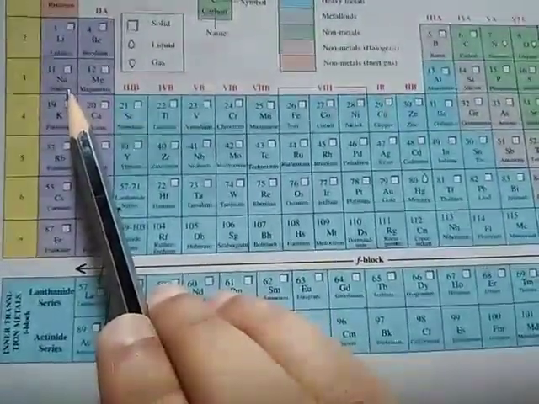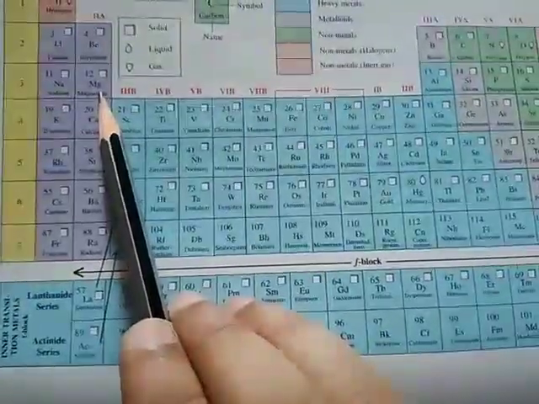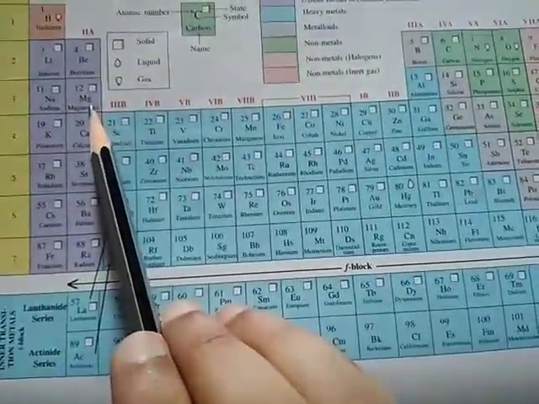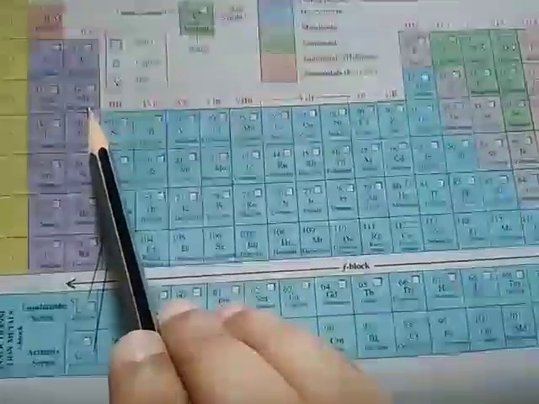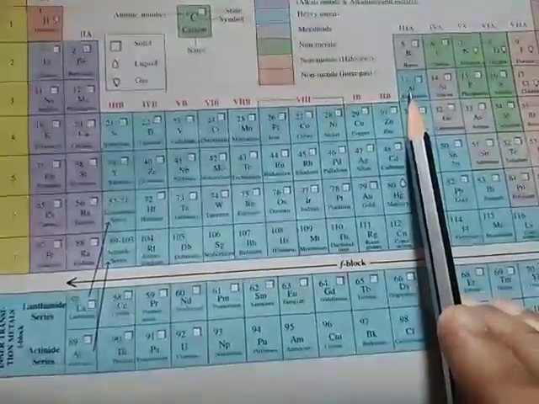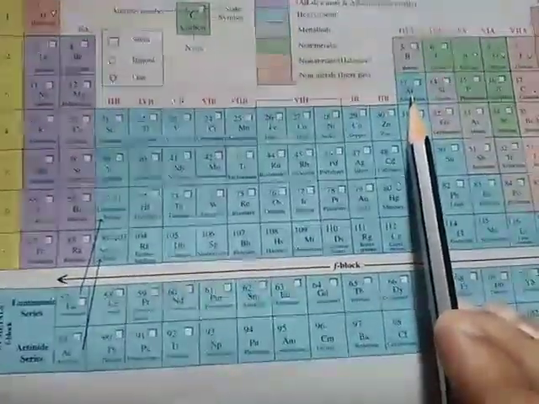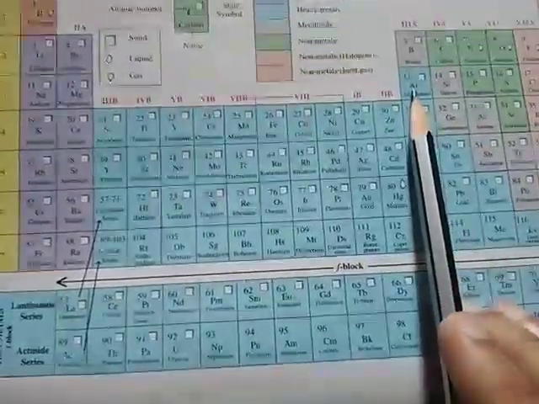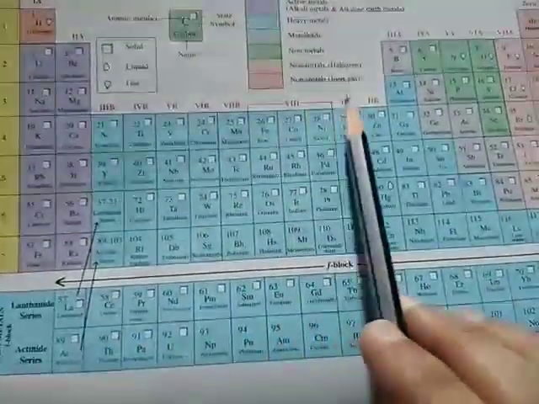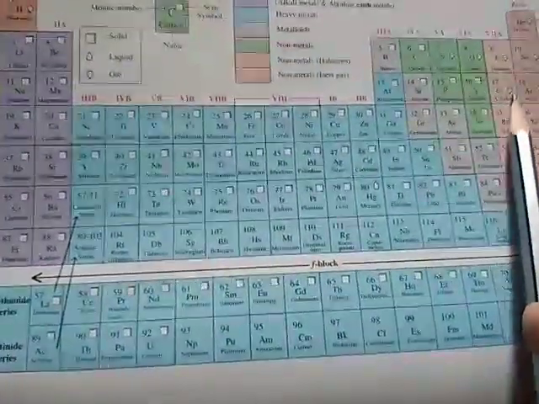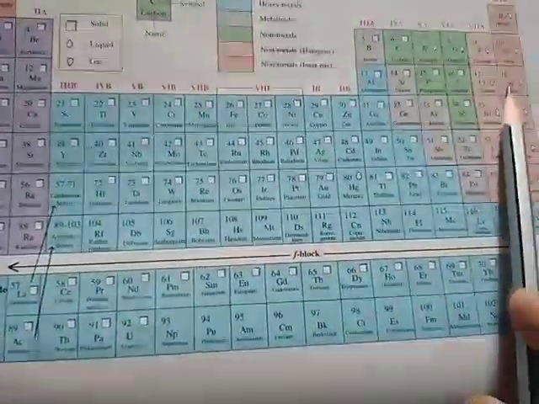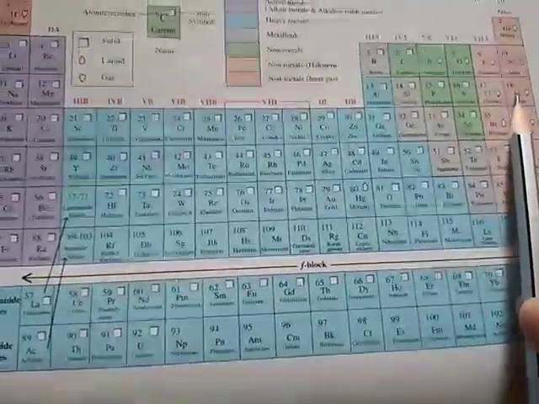In case of magnesium, the size is smaller and the nuclear charge is greater, so in order to take the single electron out of the valence shell, you need to apply more energy. Then for aluminium, again the size has become smaller and the nuclear charge has increased, so you need to apply more energy here. So whenever you go from left to right along the period, the ionization enthalpy increases, and surely it will be maximum for group 18.